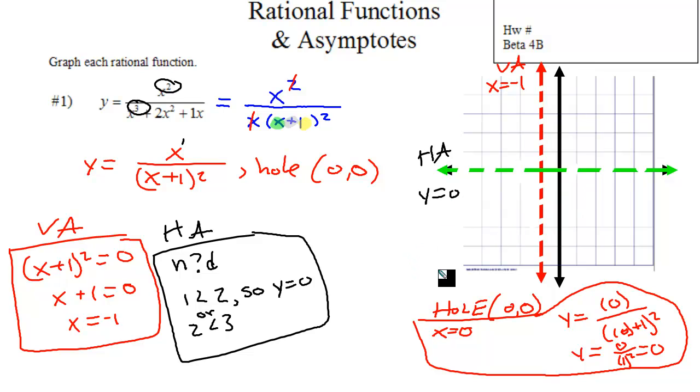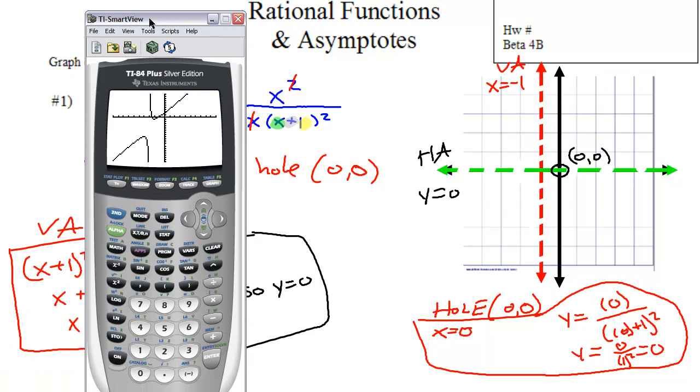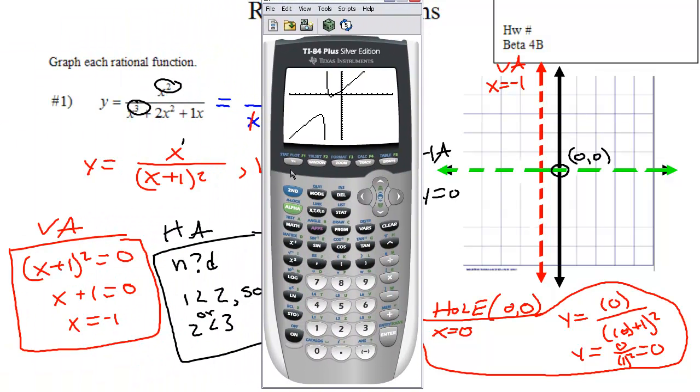Now I know that this curve crosses at 0, 0, because we have a hole there. That's basically all I know. I don't know what this curve looks like because it does not resemble a parent. So I need to pull my calculator up. Put this in and see how it looks.